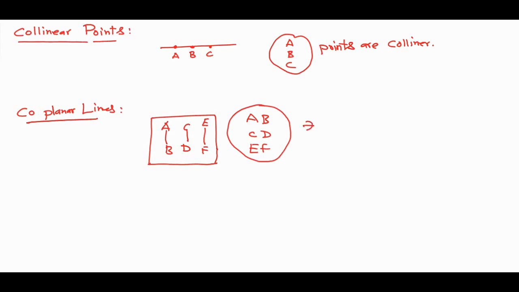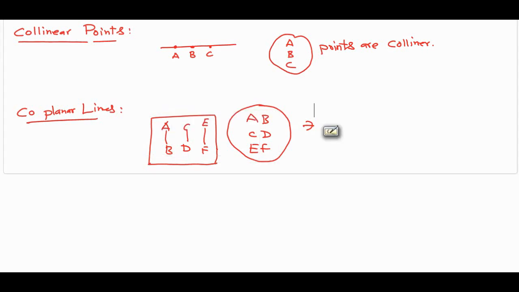When two, three, or four lines are situated on the same plane, then we can say those lines are coplanar lines.